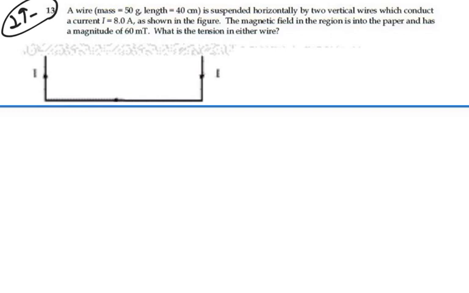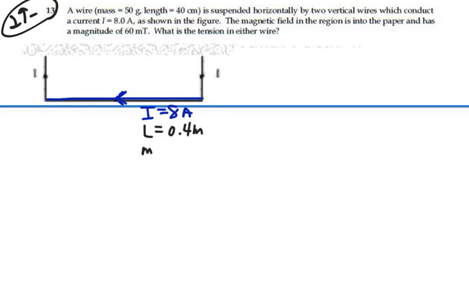So as far as our conducting wire is concerned, we have a current going this way. The value of the current is 8 amps. The length of this wire segment is 40 centimeters, so this length here is going to be 0.4 meters.